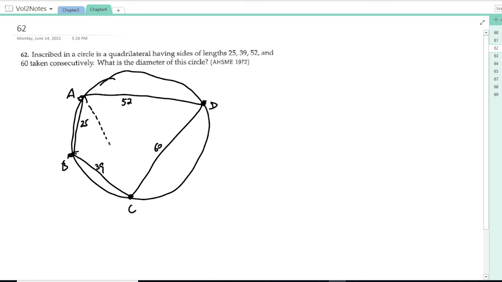In order to find the diameter, what we know is 2R equals a over sine A, equals b over sine B, equals c over sine C. This is the law of sines, which relates the radius of the circumcircle to a triangle inscribed in the circle.